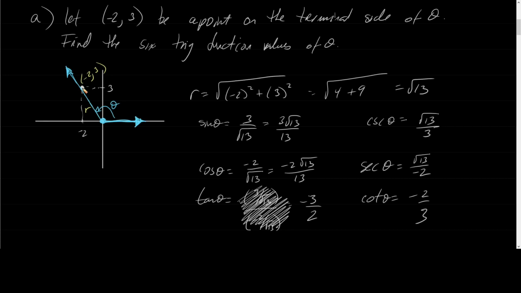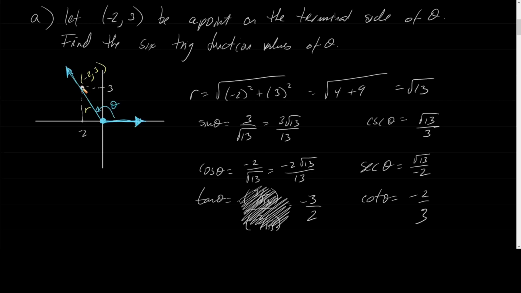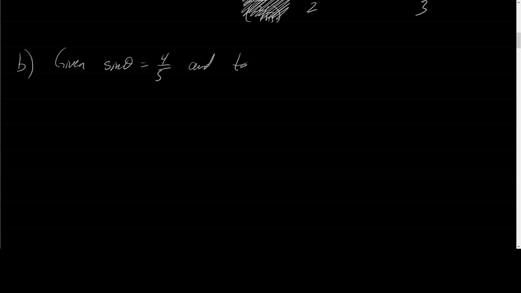So now let's do another one. All right. Let's say that I have, given, sine theta is equal to 4/5 and tan theta is less than 0.